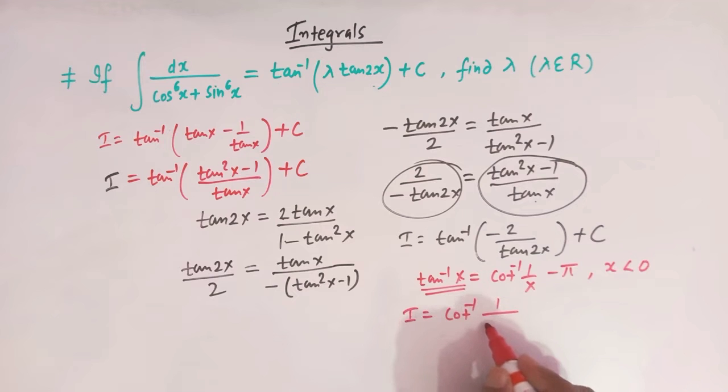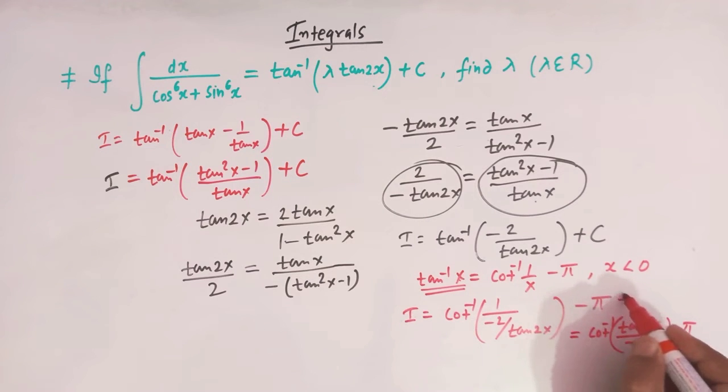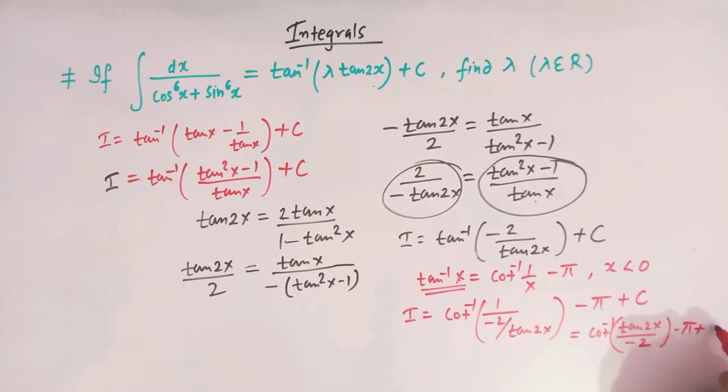So we have 1 over minus 2 over tan 2x, and here we have minus pi. So we can now write it as cot inverse of tan 2x divided by minus 2 and minus pi. Here we have the constant of integration also, right? So we have now I is equal to cot inverse of tan 2x over minus 2, minus pi plus c.